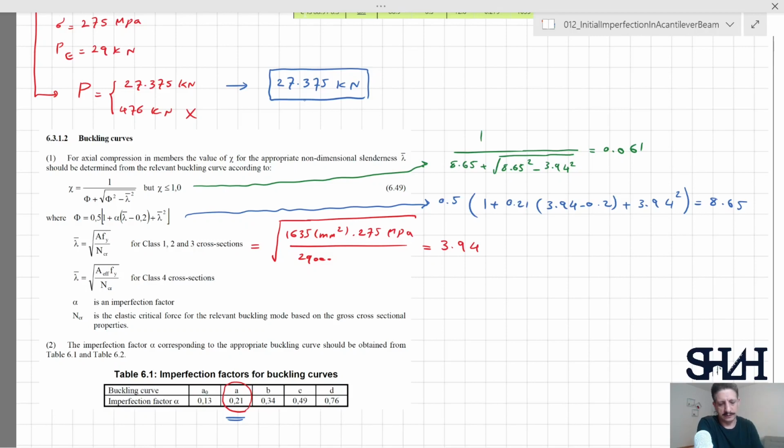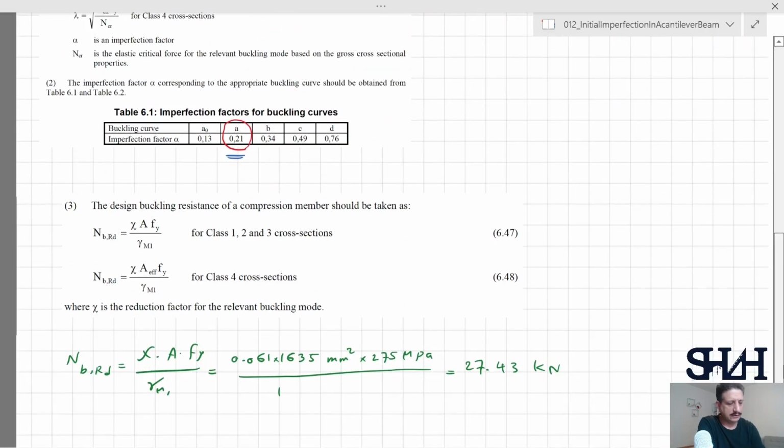27.375 kilonewton, the same as the Eurocode calculation from here. The difference is about 27.375 divided by 20, so it's less than 0.2%. It's really nothing.